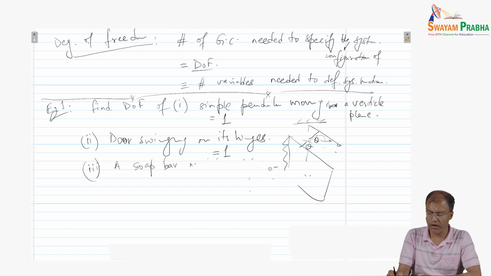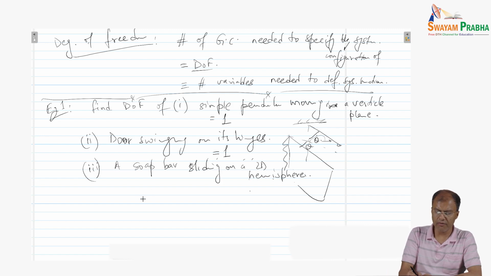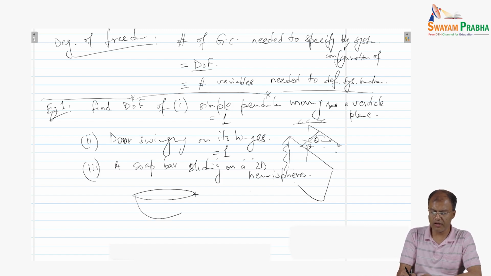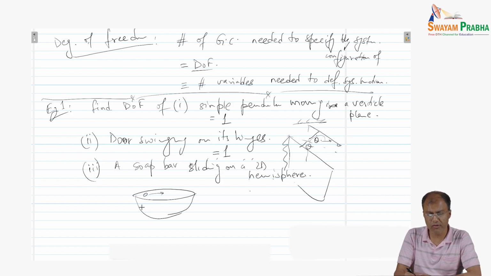That is what I wanted to write. So a soap bar sliding on a hemisphere, right? Typically our wash basin is a hemisphere, and a soap bar which is sliding will have 2 degrees of freedom, because on the surface of a hemisphere we have 2 degrees of freedom, namely phi and the theta angle.